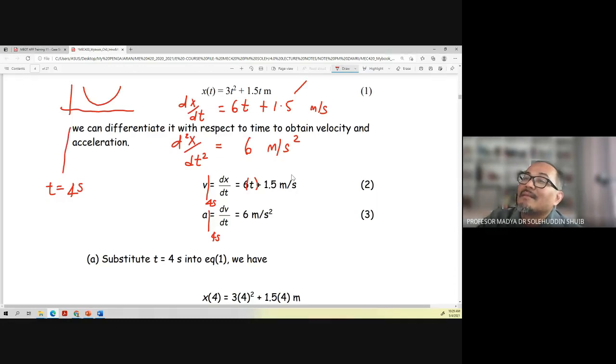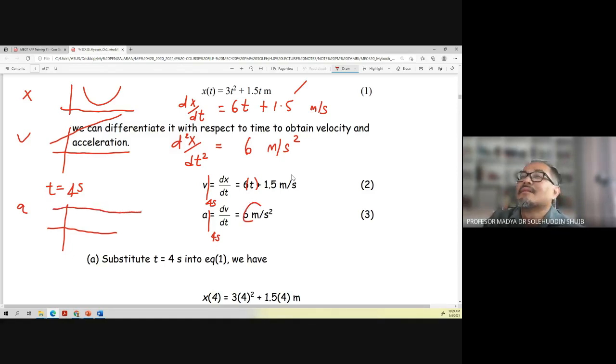Right? Linear. So it cuts the y-axis at 1.5. So it will be like this. Okay. And then this is velocity. This is the value of x. And then for the acceleration, this is constant, so 6. Okay. So we can plot the graph of position, displacement, velocity, and acceleration.